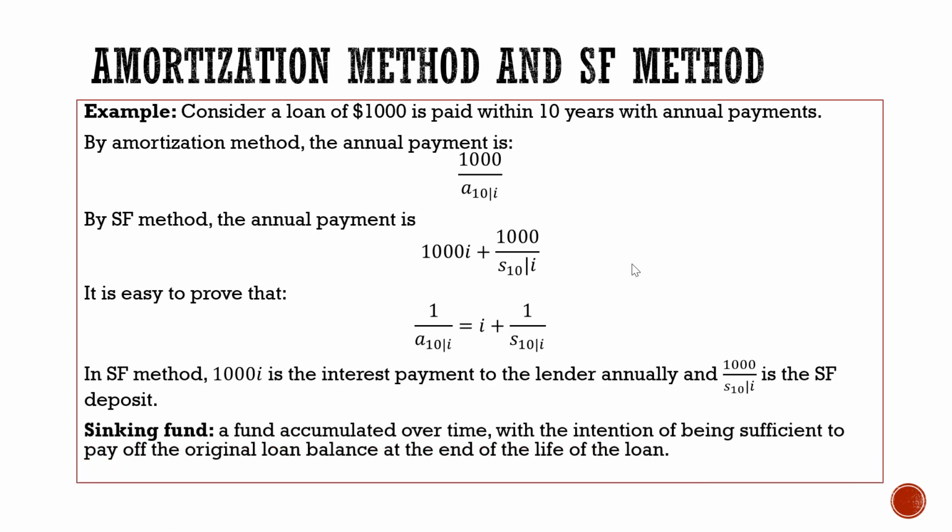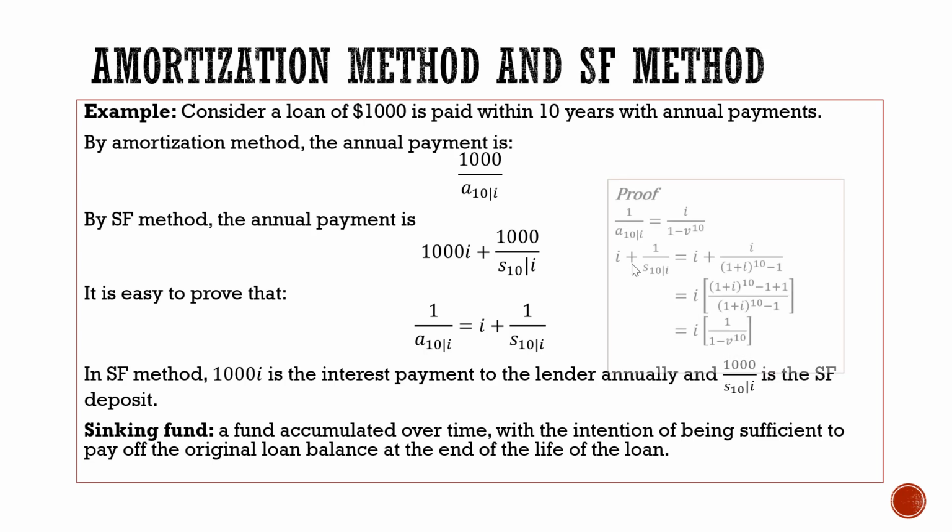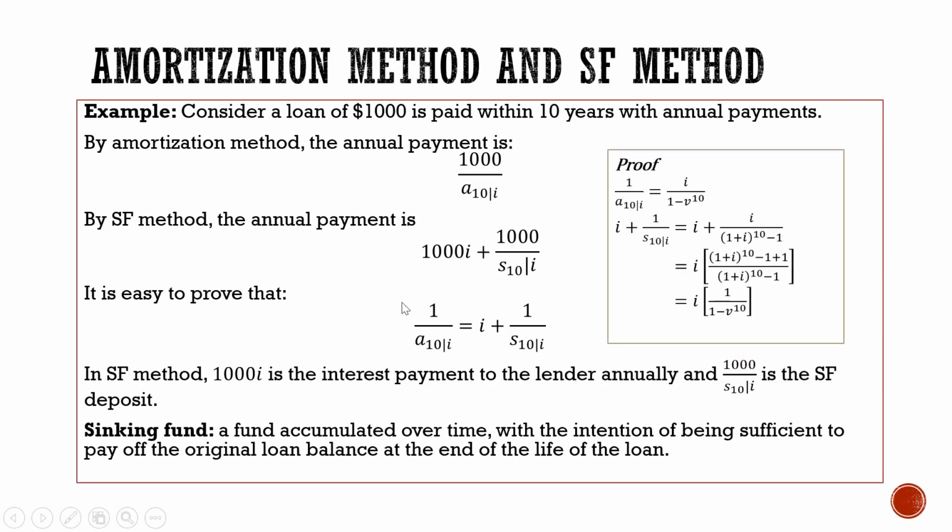So basically, in a sinking fund, a fund is accumulated over time with the intention of being sufficient to pay off the original loan balance at the end of the life of the loan. And this is the proof of the relation between the amortization method and the SF method.